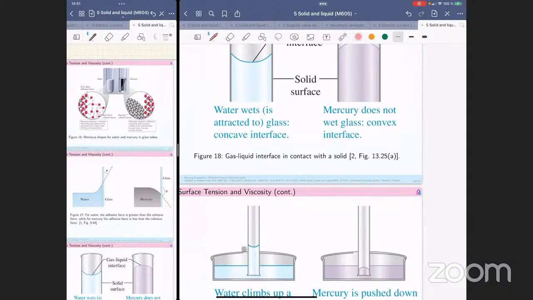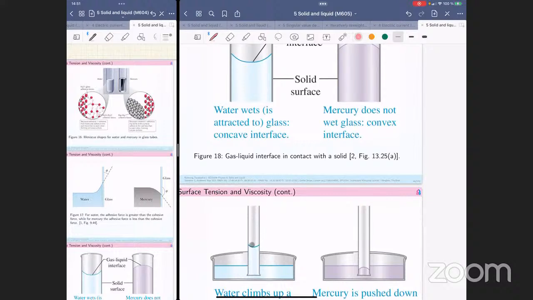Okay, but please note that you will be able to notice this effect only when you use the small tube. Okay, you use a capillary tube with small radius. Okay, you would see this effect. But if you use a very big capillary tube, there will be no difference in level of the water at all inside the capillary tube.